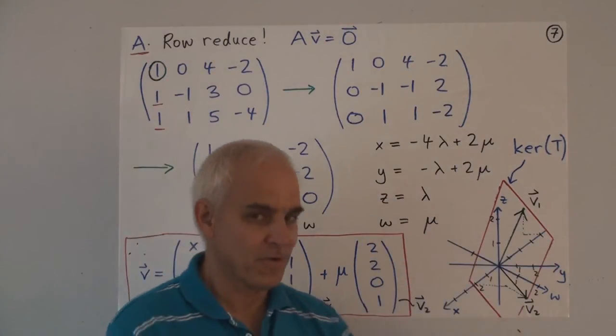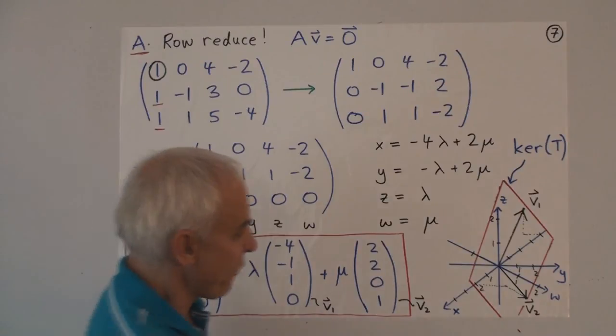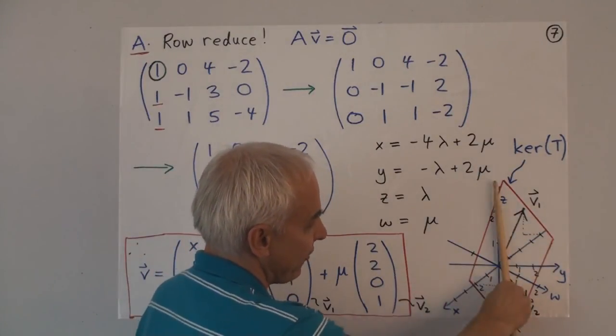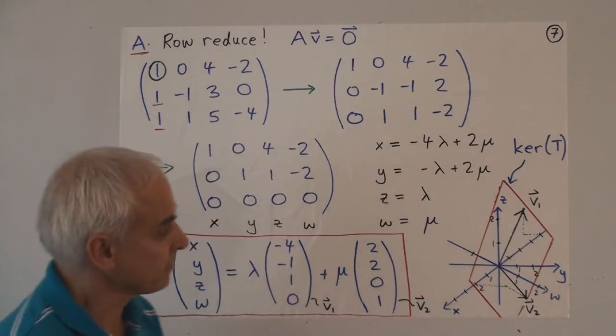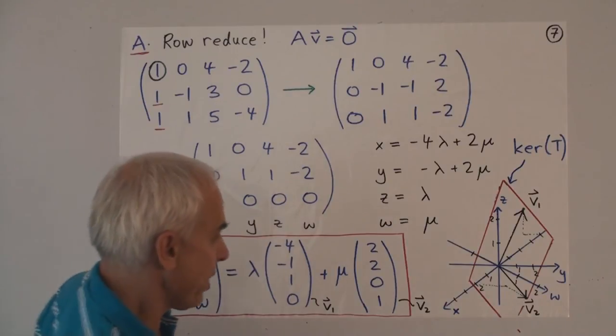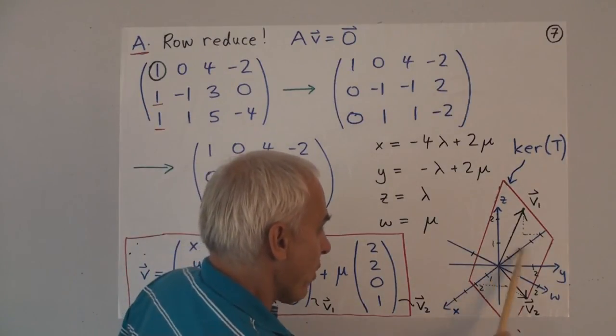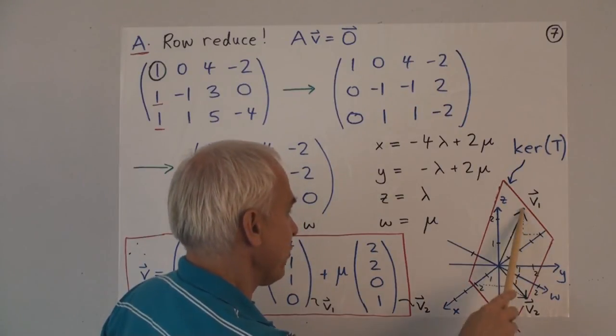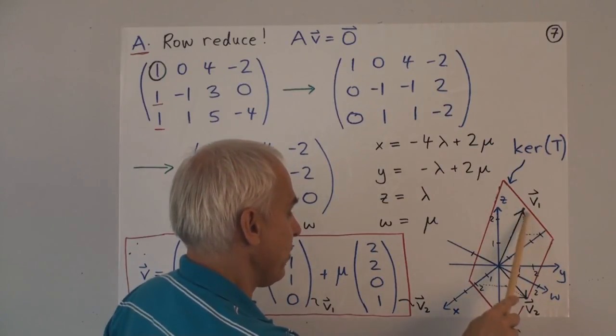So in our picture of our four-dimensional space with axes x, y, z, and w, we have the vector (-4, -1, 1, 0), which is where? Minus 4 in the x direction, minus 1 in the y direction, 1 in the z direction, and 0 in the w direction.